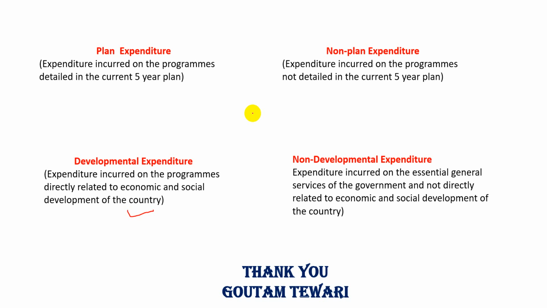And when these two things are not happening, such expenditure will be termed as revenue expenditure. In case of receipts, when there is reduction in assets or creation of liability, this is capital receipts. And when these things will not happen, that is revenue receipts.